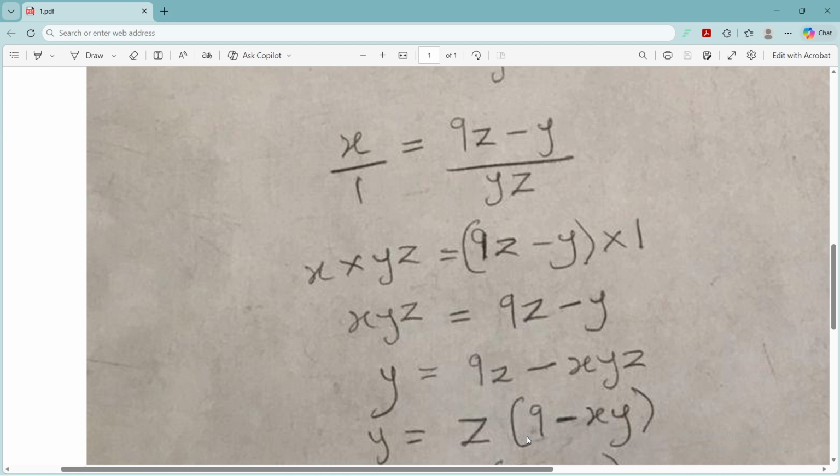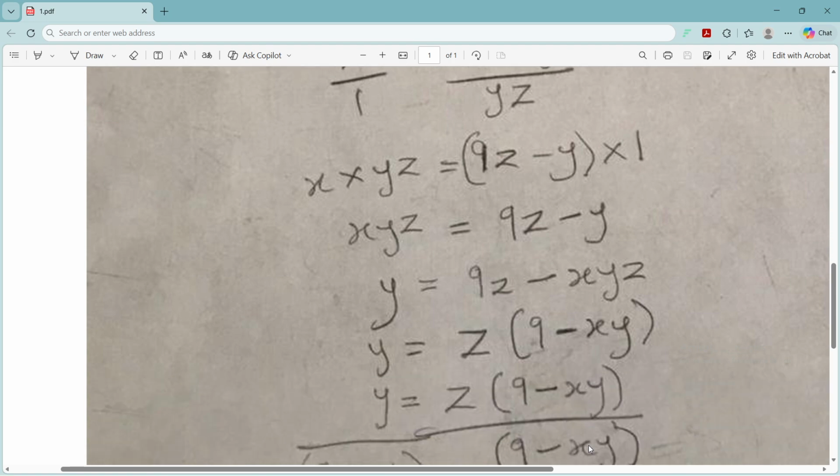So in order to eliminate the variable, or in brackets, 9 minus xy, we cancel out the entirety of the factor, which is z multiplying 9 minus xy, or in brackets. So we cancel it out by dividing by 9 minus xy. In doing our cancellation, what we do for the right hand side of the equation, we do the same for the left hand side of the equation, right?